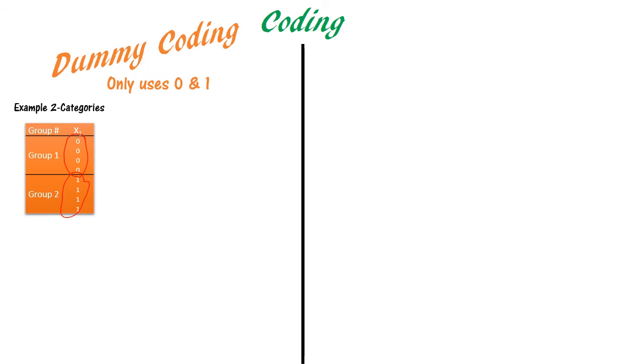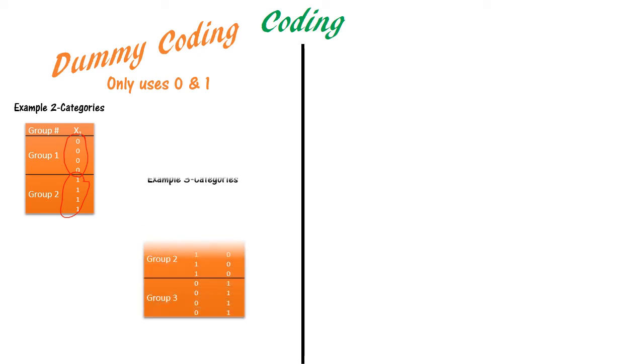Now, it gets more complex as you add more categories and more X variables. So here's the example of 3 categories, where we have 2 X variables. What we need to make sure is clear is that the combination of the 2 X's are not the same. So here for X1, it's 0, and then X2 is 0.